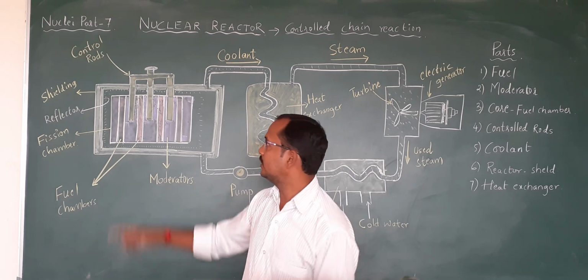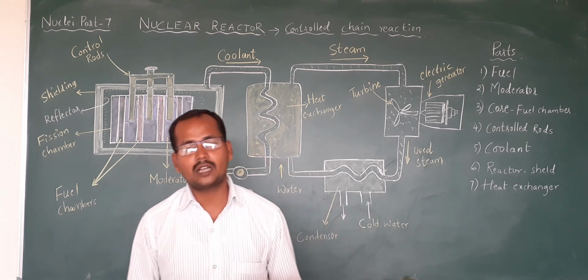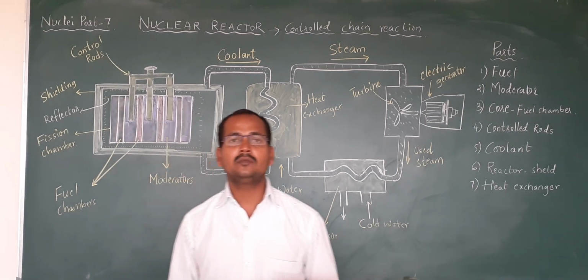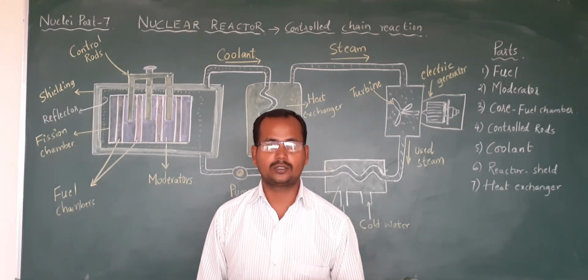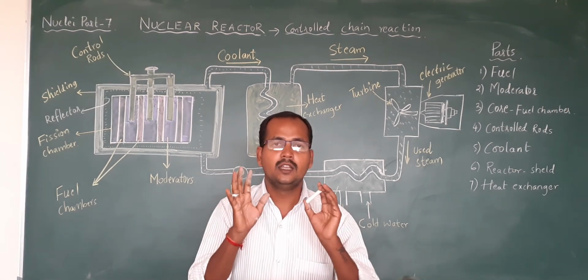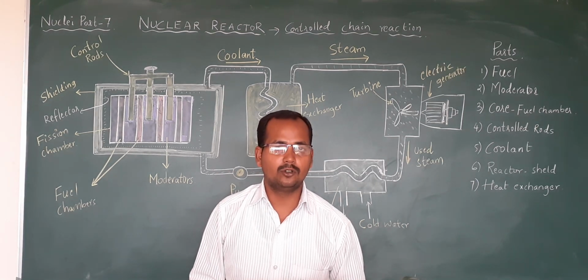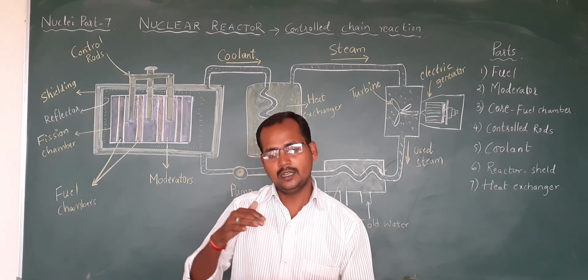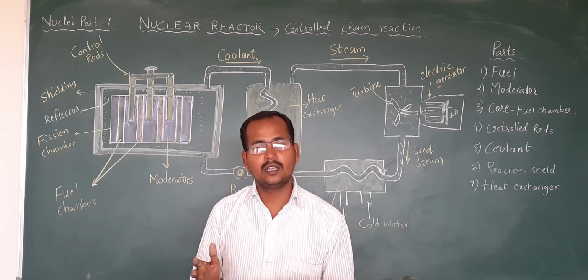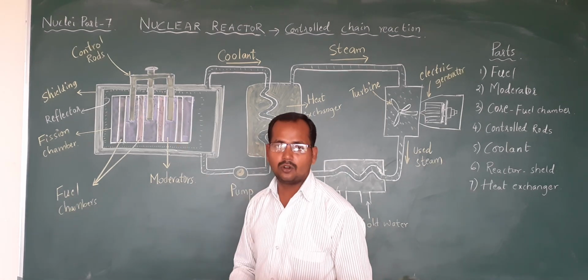That is done with the control rods. The commonly used control rods are cadmium and boron steel rods. They absorb those extra neutrons and provide constant production of neutrons. That's why the energy will be constant. Otherwise, it is uncontrolled and becomes a blast. That should not happen, that's why we are using control rods.